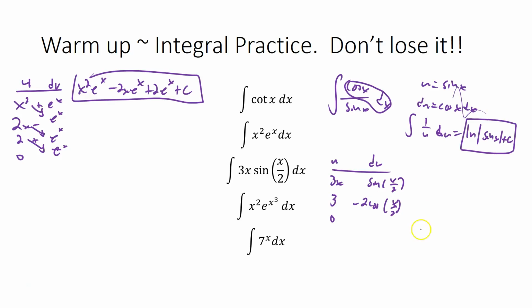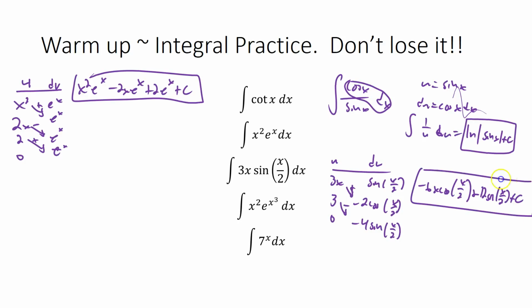So I have negative 2 there. So the next one must be negative 4 sine of x over 2. Positive and negative, just two things here. So we have negative 6x cosine x over 2, and then plus 12 sine x over 2 plus c.